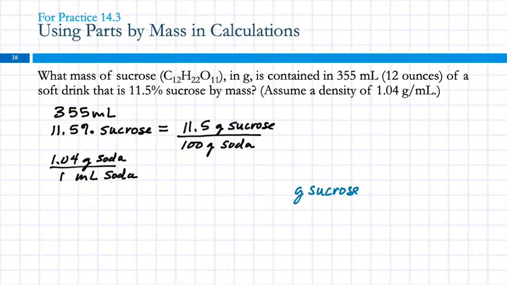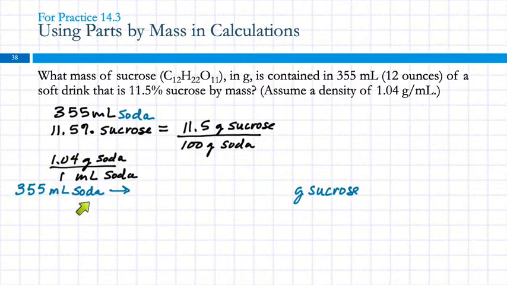355 milliliters. That's 355 milliliters of what? Of the soda, right? So let's go back up there and label that. I left off the unit down here. That's no good. So 355 milliliters of soda, and I'm trying to get to grams of sucrose. Well, I'm going to look at these conversion factors and see what I can do here.